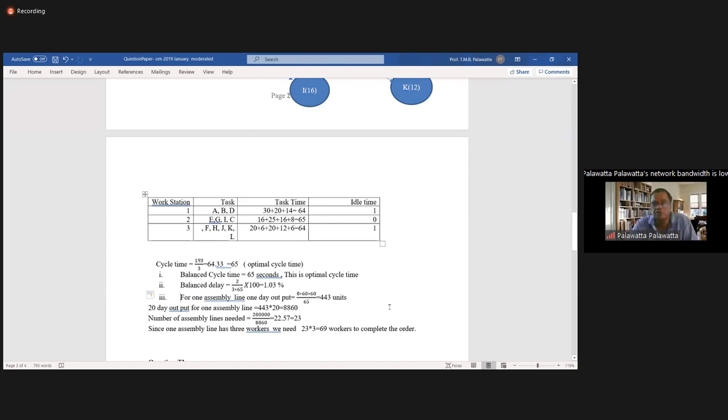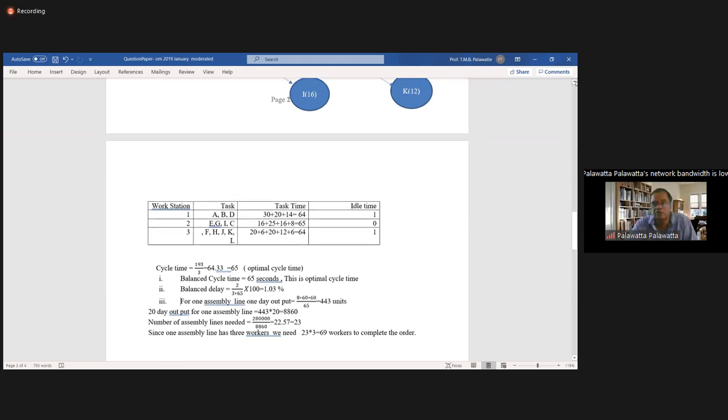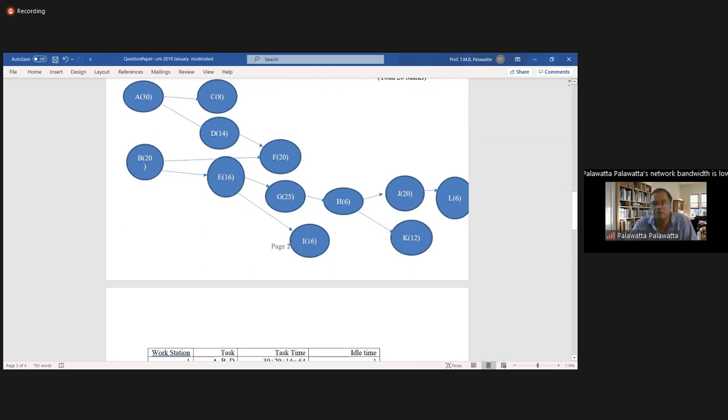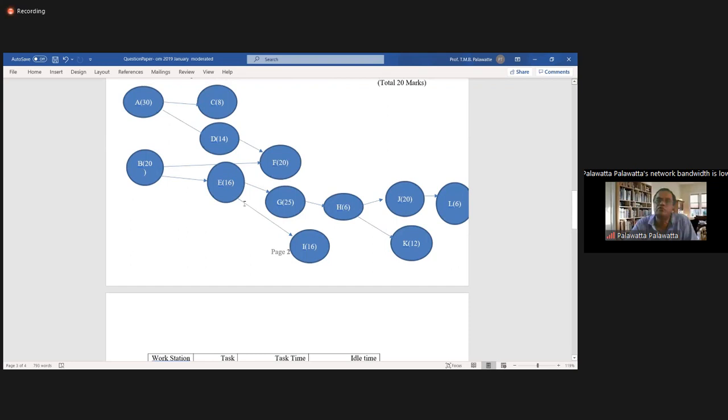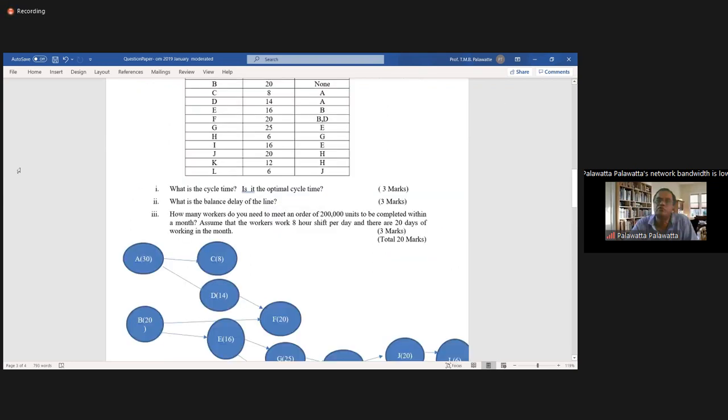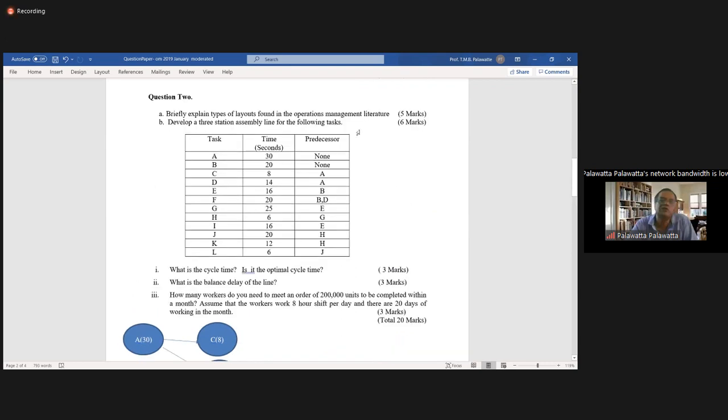Such students also got marks here, because in the question I did not ask you to develop a 3-station assembly line for optimizing the cycle time.